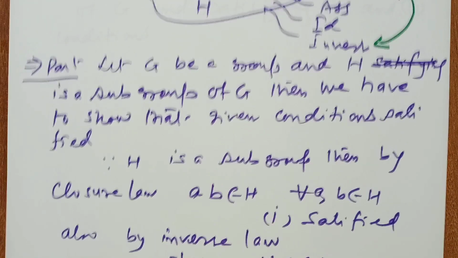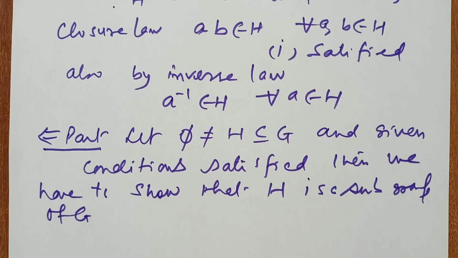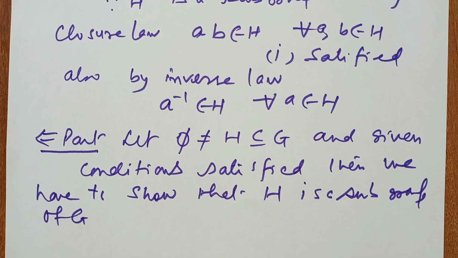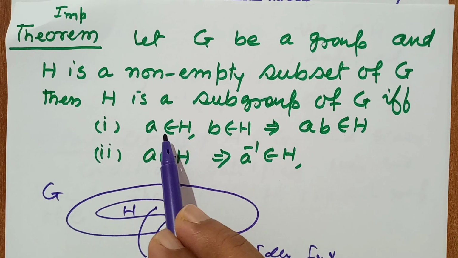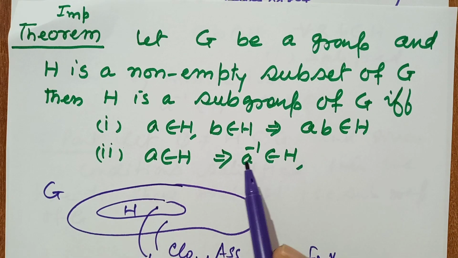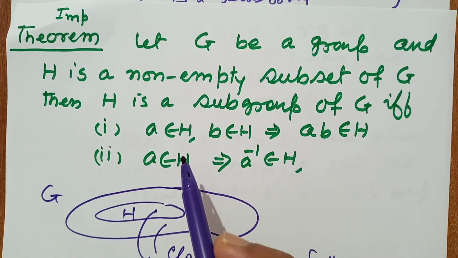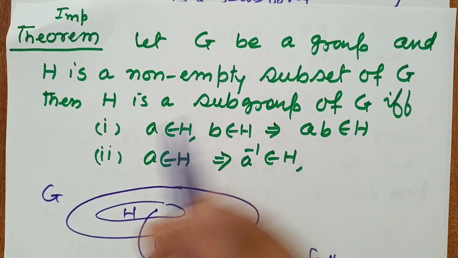What is the converse part? The converse part is that if H is a non-empty subset of G and it satisfies two conditions, meaning a belongs to H, b belongs to H, ab belongs to H, and second. Okay, so we need four conditions. Two conditions are already given.